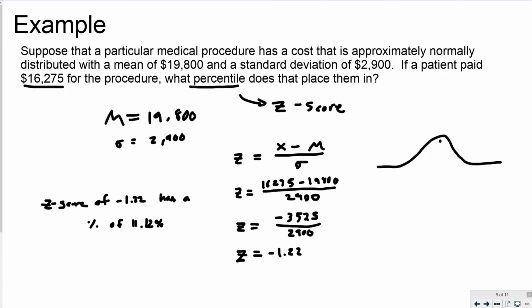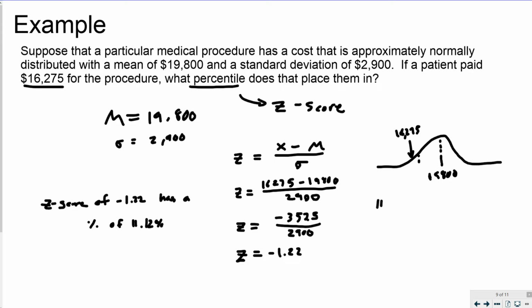If I were to draw my normal curve, my 1.22 would be approximately here. So this is where my data point actually is. So if this is my mean of 19,800, the data point that we just calculated a z-score for is right here, 16,275, which according to this places it in the 11th, not 11%.